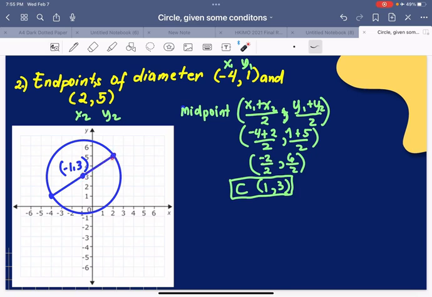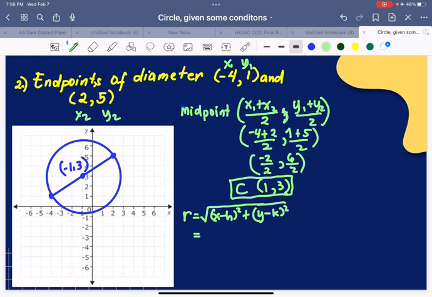So we can use (2, 5) as our point. So we're going to find the radius, the distance between the center and a point on the circle, using the formula r is equal to the square root of (x - h)² + (y - k)².